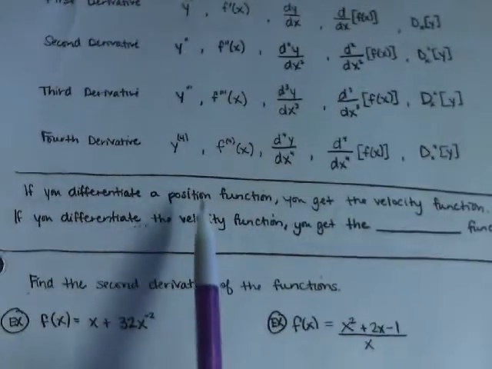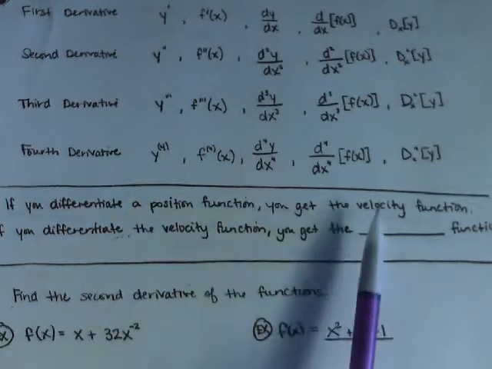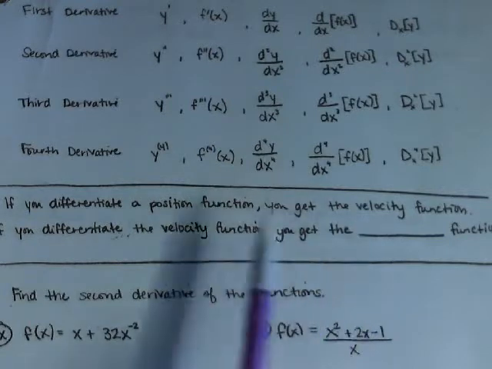Here's where we've sort of touched on the second derivative concept. When we talked about applications and finding the derivative of the position function, you get the velocity. If you then take the derivative of velocity, what do you get? Acceleration. So velocity is the rate of change, aka the derivative, of the position.